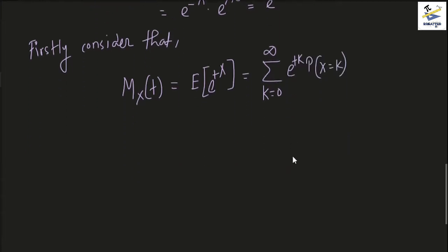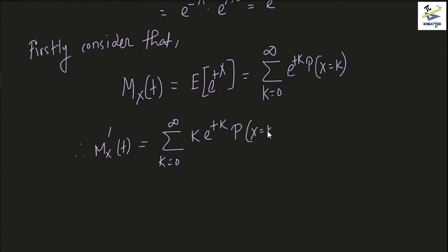Now if we were to differentiate this function, which is a function of t, one time, what would you get? You would get the sum over k equals 0 to infinity of k e to the power tk probability of X equals k, right? And therefore if you put in the value 0, what you get is this, which basically is the first moment, isn't it?